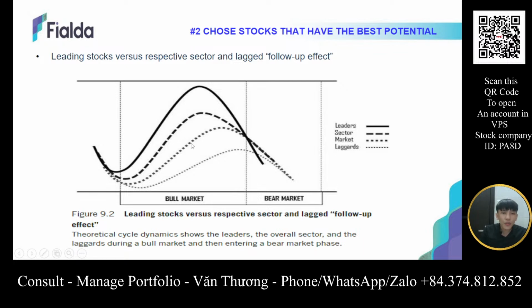This one is the general market, and this line is the follow-up stock, the penny stock. As you can see here in the bull market, the leader stock bottoms first, right? The leader stock bottoms first, and then the leader group and the leader sector, and then the general market, and then the larger stock and the penny stock.